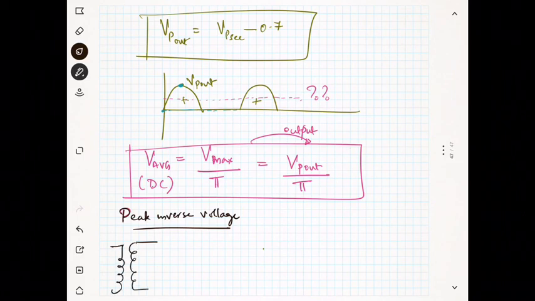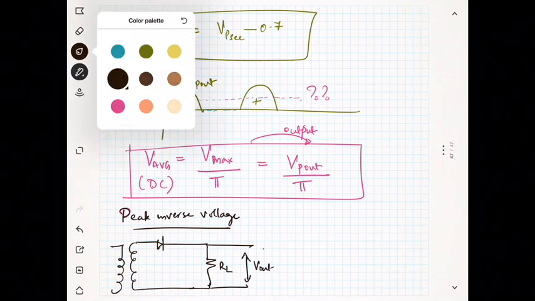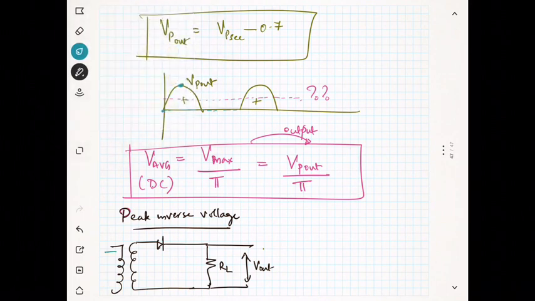You have the circuit like this. This is your RL, and this is your output, V out. Now you know that during the negative half cycle, you will get negative and positive on the secondary, and the diode is reverse biased. That means the diode current is 0, and your diode is acting like an open circuit.